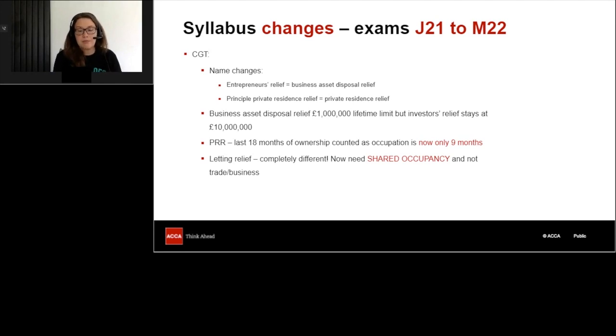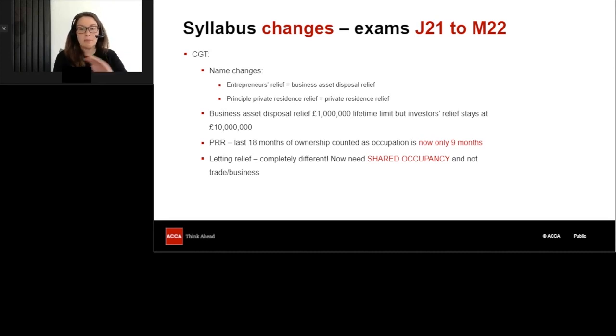And the other thing is around letting relief, which is now completely different in terms of when it applies. Because now you need to have shared occupancy with the owner and tenant, and it isn't applicable therefore for a trade or a business. The same calculations though are done for letting relief as you might have covered previously.